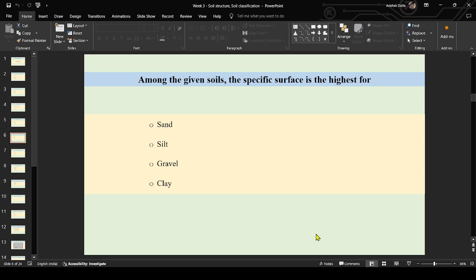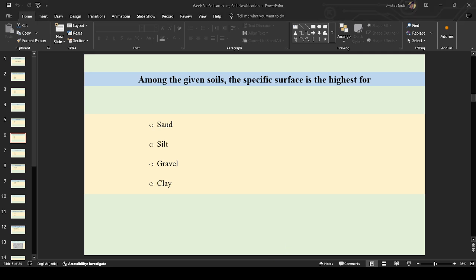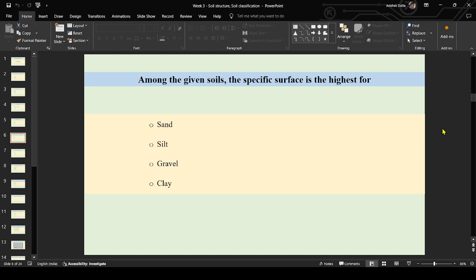Okay, let's keep this for the discussion part. Read on the question now. Among the given soils, the specific surface is the highest for. The options are sand, silt, gravel, or clay.